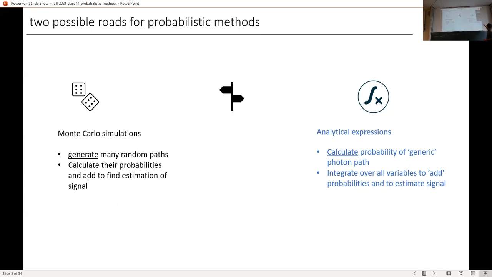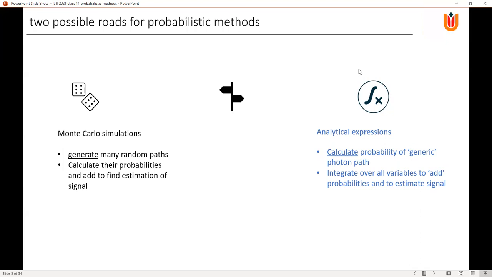That's one path. Another option is to use these probability density functions to calculate an analytical expression. So we could calculate the probability, the likelihood, of a generic photon path.